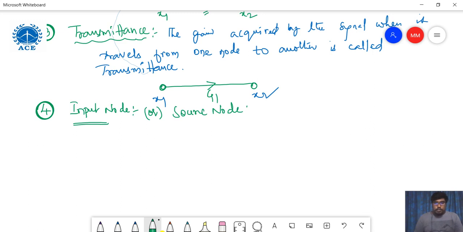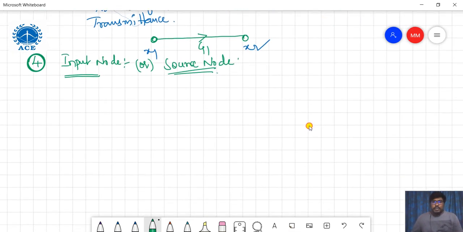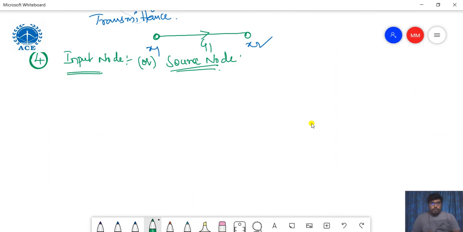So what is the input node actually? An input node contains only outgoing branches. It is a node that has only outgoing branches, so no incoming branches.